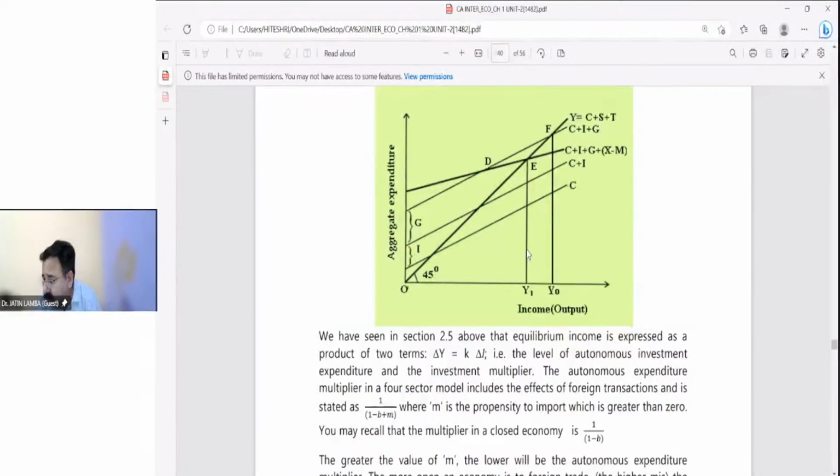Himanshu asks: sir, there is a word used in the question, empirical consumption, what is meant here?